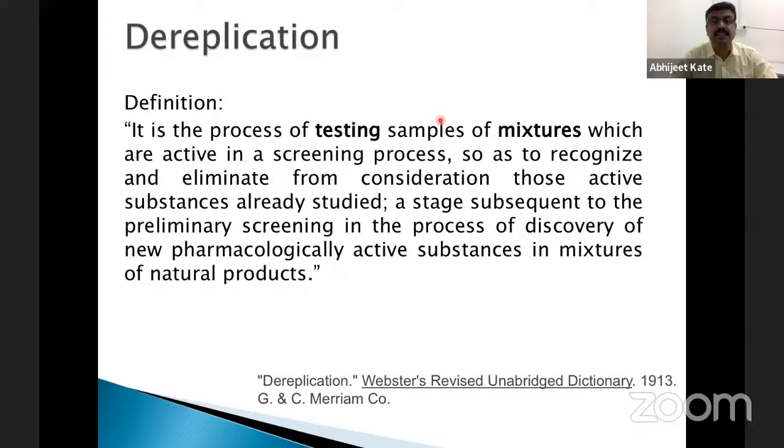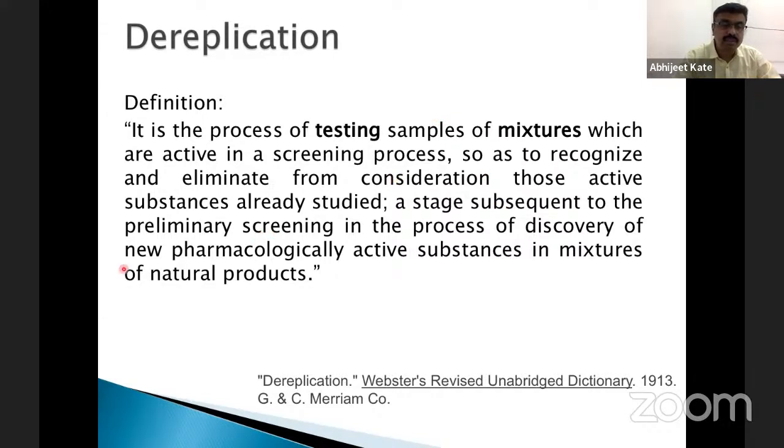It is a stage subsequent to the preliminary screening in the process of discovery of new pharmacologically active substances in the mixture of natural products. So by applying this strategy, you select the extract or plant specimen which you want to work on further in detail, in such a way that you will most of the time end up with a novel compound at the end. All right.